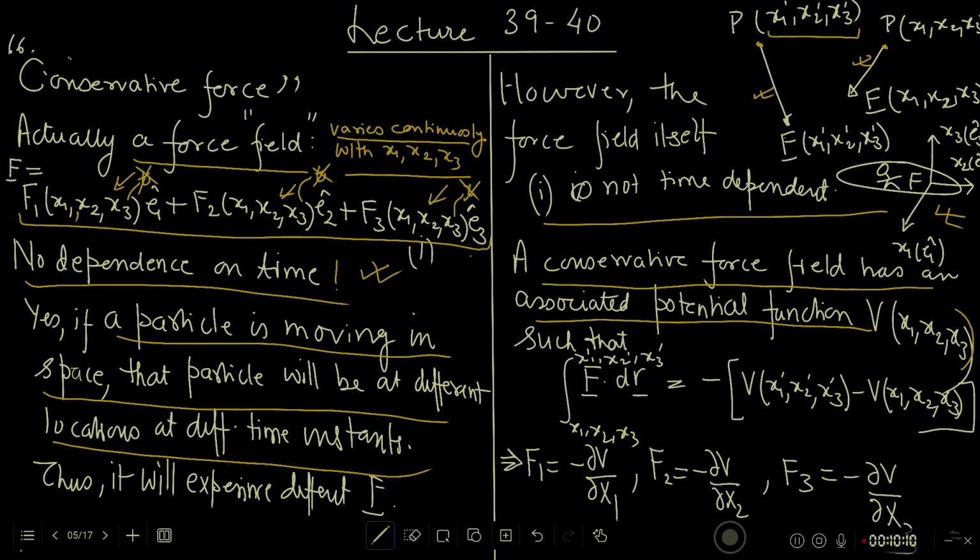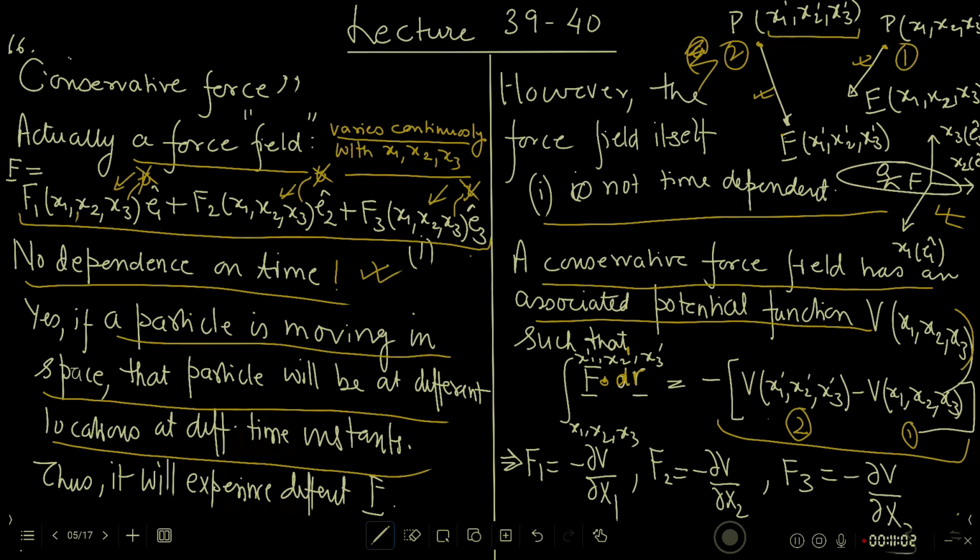Now this potential function is actually defined in a way such that the difference between the potential functions at two locations, say this is the first location and this is the second location, the difference between the potential function at 2 and at 1, with a minus sign in front of it, the negative of the change in potential, happens to be the net work done by this force on a particle which has moved from location 1 to 2.